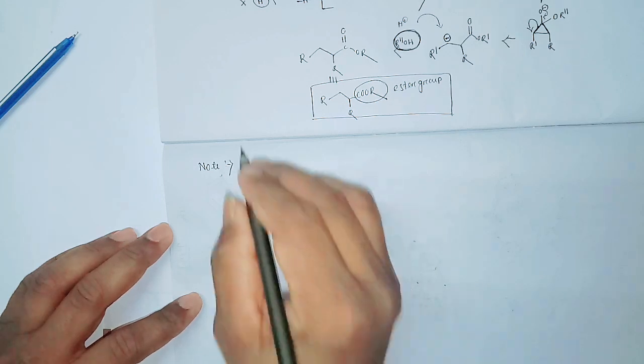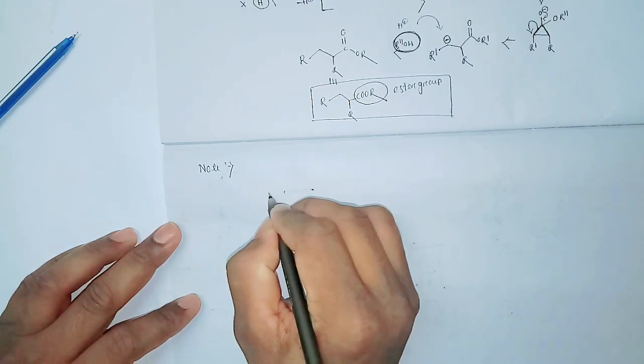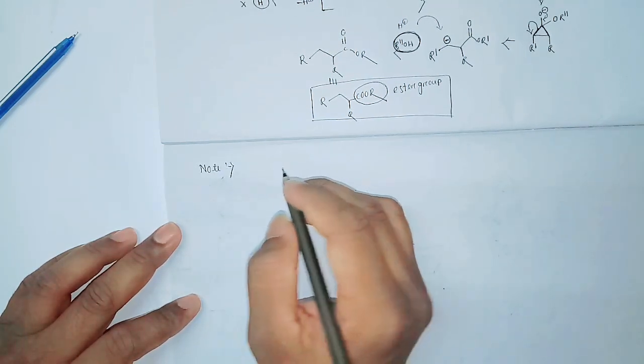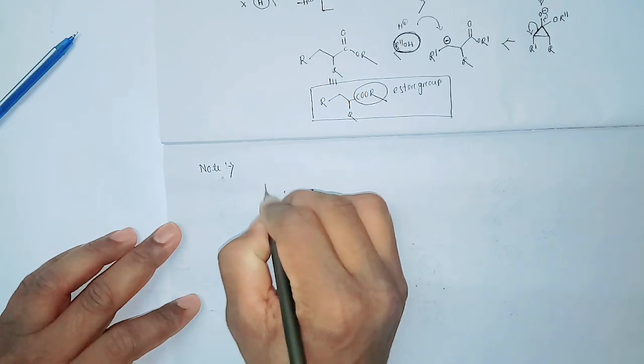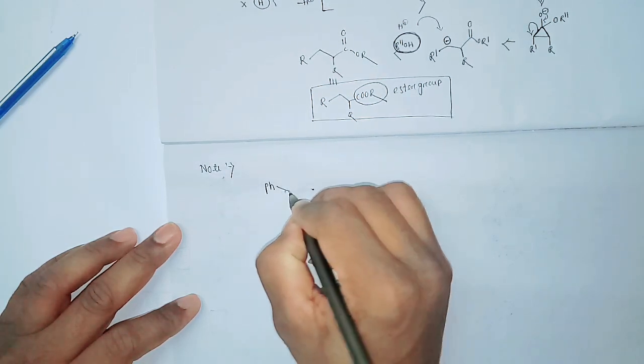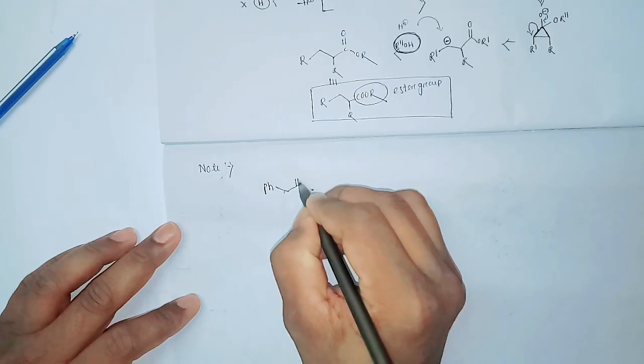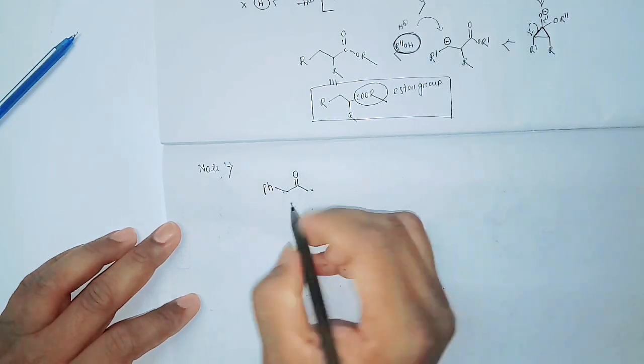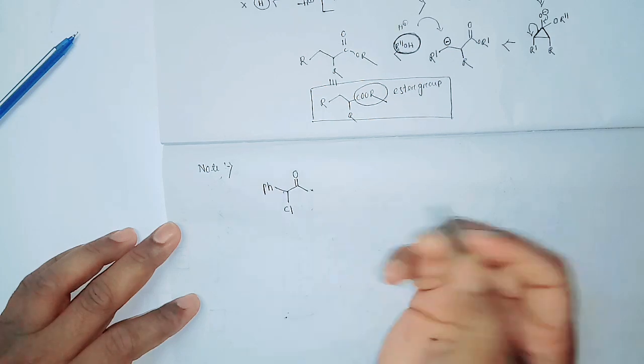For example we will take Ph, C double bond O, and this is a chlorine atom.